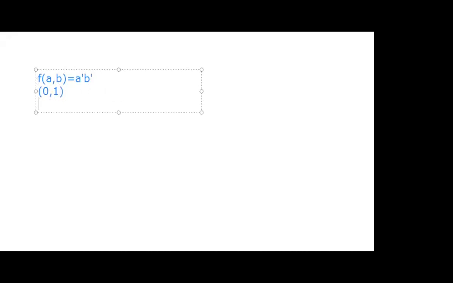Then if I have to consider values of a and b with all the combinations, f(a, b) is equal to f(0, 1), which is 0' 1'.